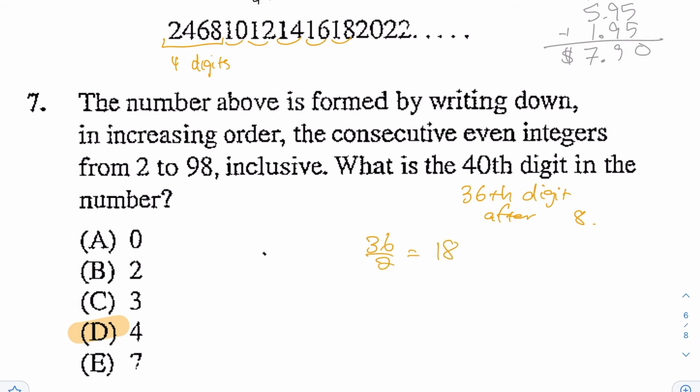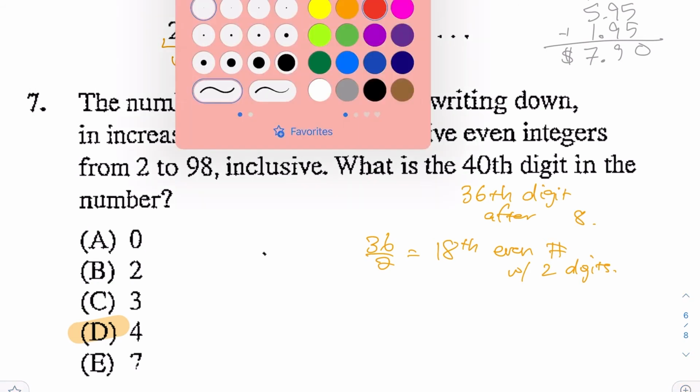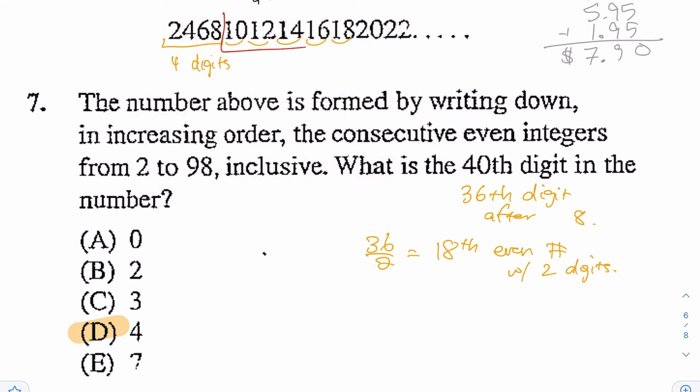So you'll want the 18th two-digit even number. So here from the next pattern, you know that from 10 to 18, those 5 even numbers make 10 digits with 1 in the tens.